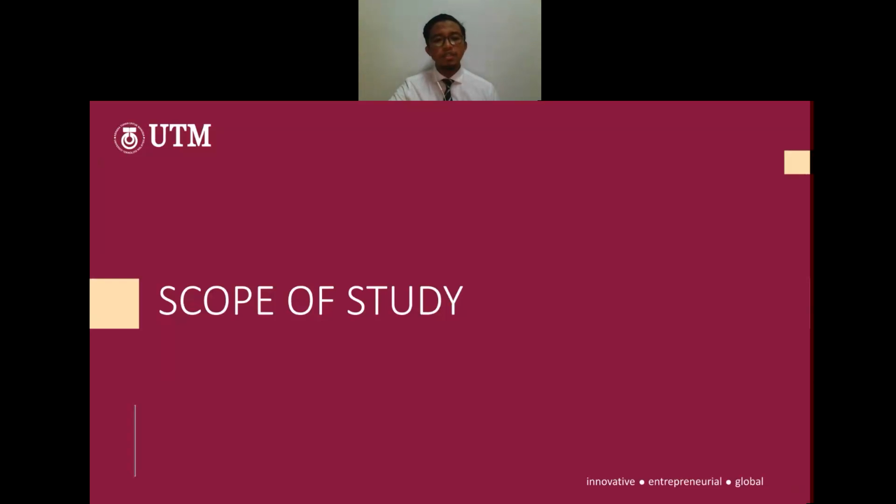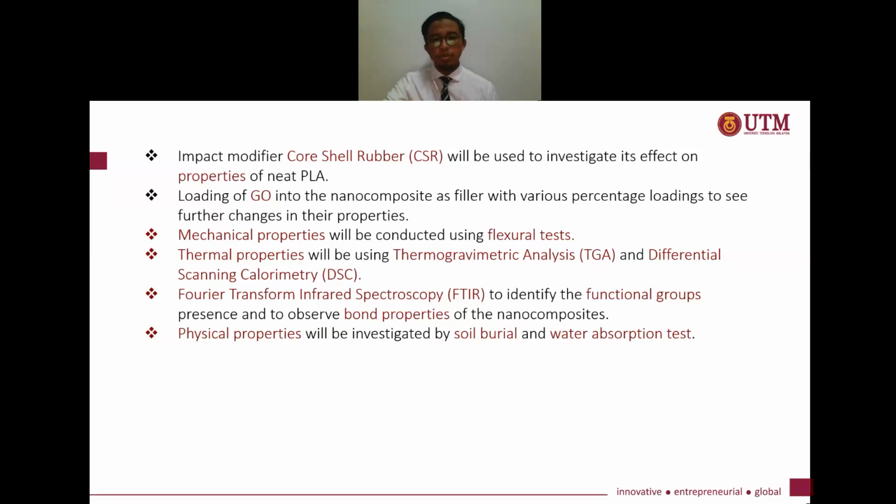Our scope of study starts with loading of kosher rubber to investigate its effect on the properties of neat PLA, and loading of GO, which acts as filler, at various percentages, so that we will know the optimum value to get the highest improvement we can get.